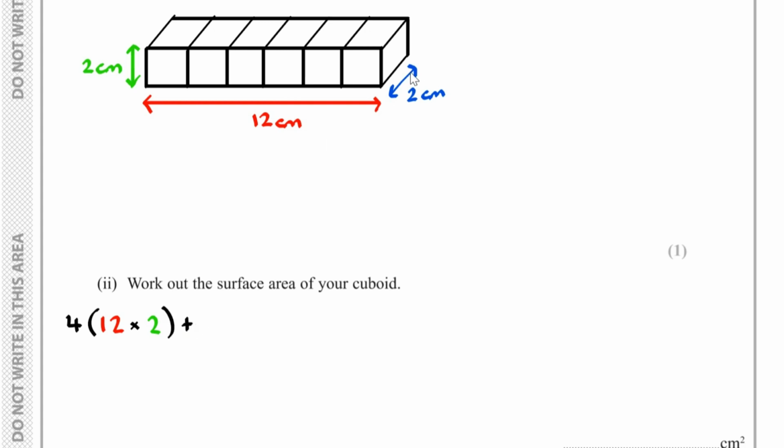And then I've got this front and back. Well, that's going to be 2 by 2. I've got that twice. So I've got 2 times 2 times 2. And therefore we would end up with 104 centimeters squared.